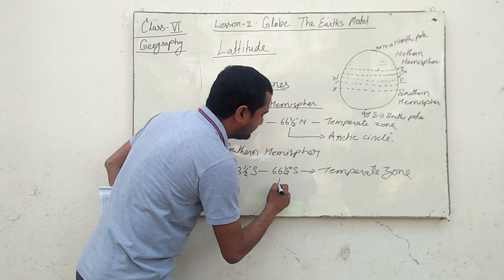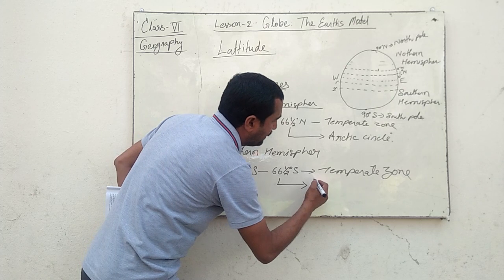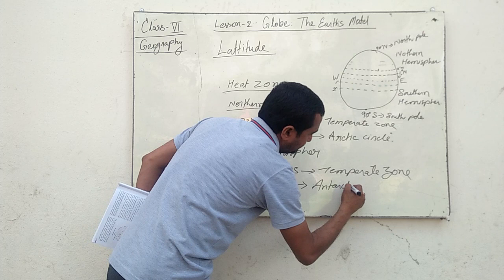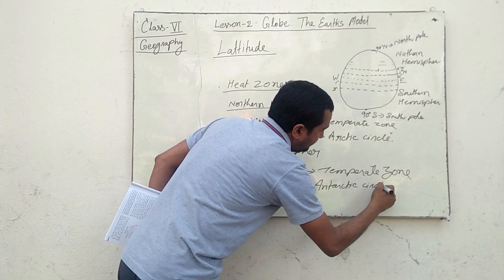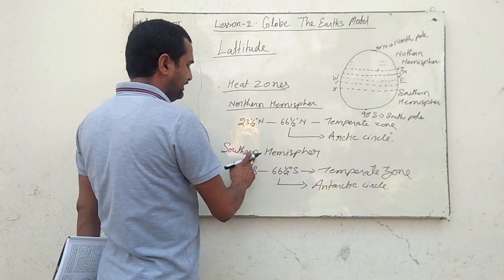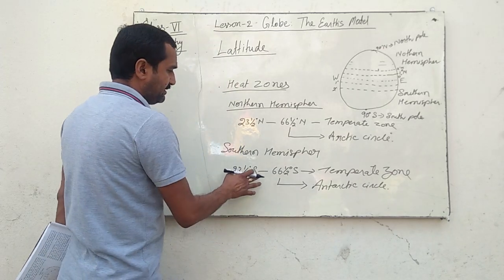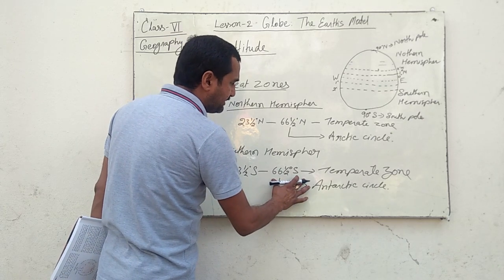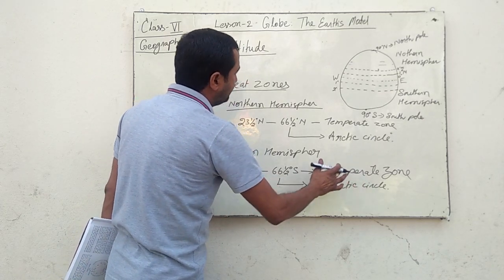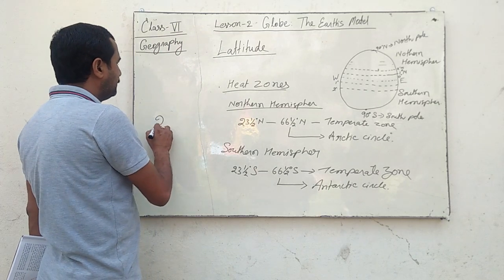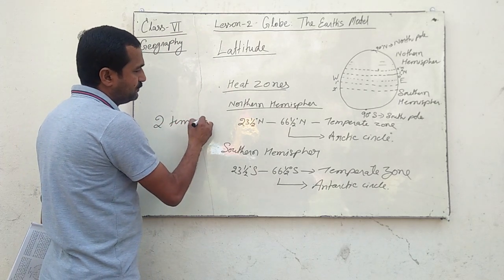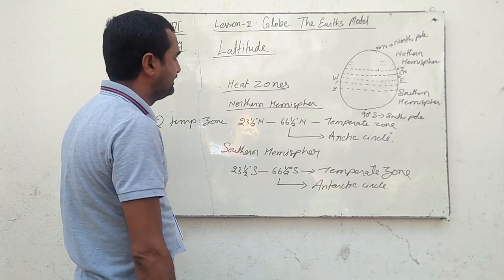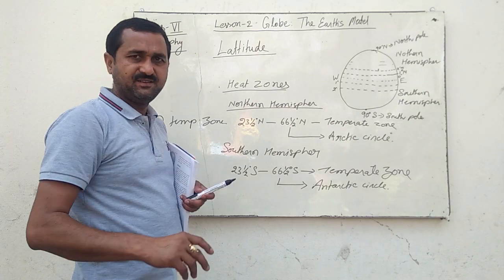This 66.5 degree south is called Antarctic Circle. So it is again concluded that the area between Tropic of Capricorn and Antarctic Circle is called temperate zone. So we have two temperate zones. One is in the northern hemisphere, another is in the southern hemisphere.